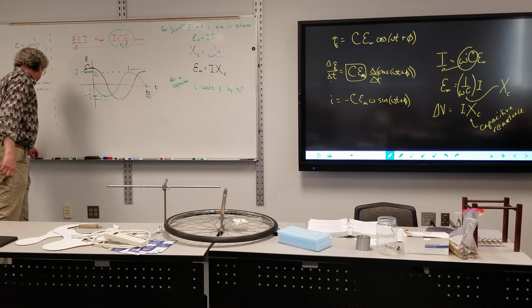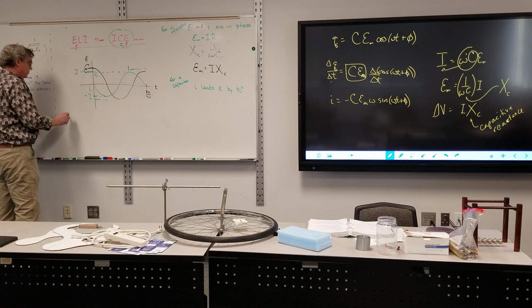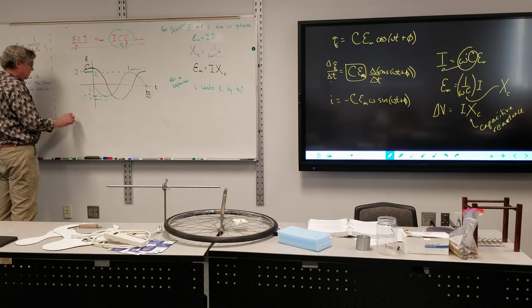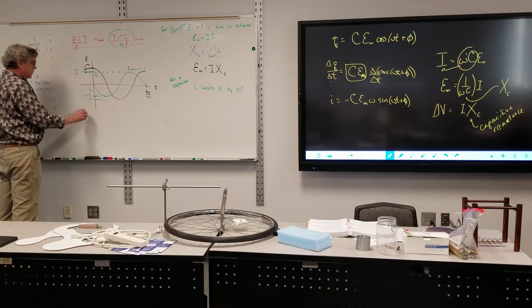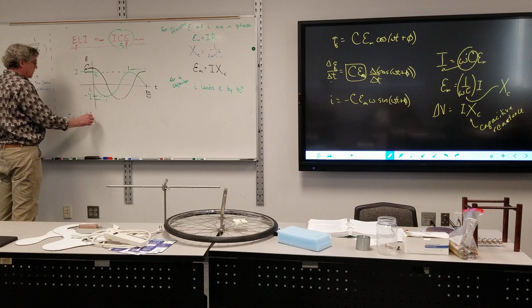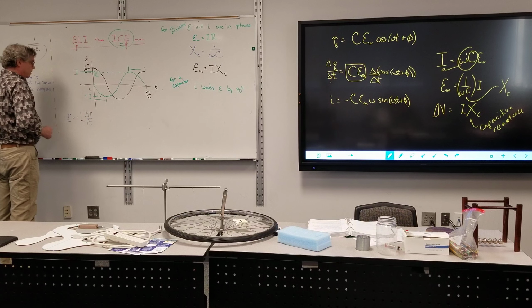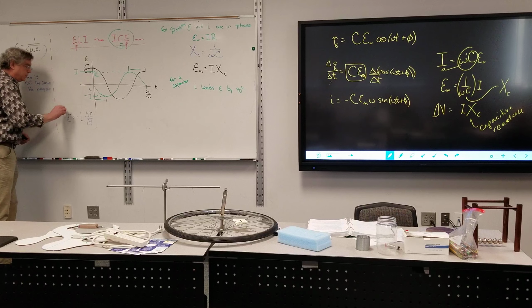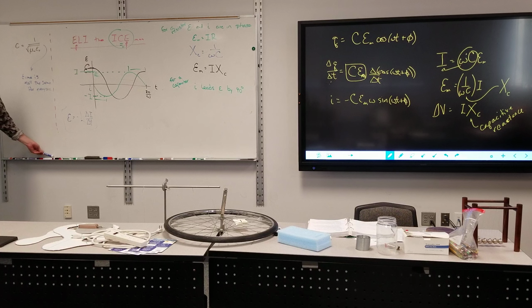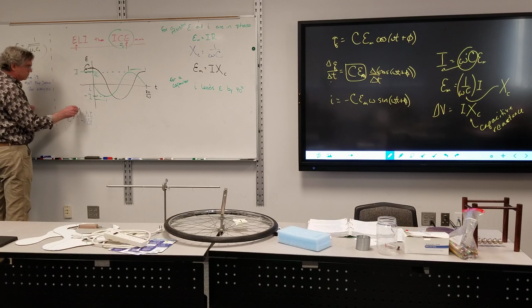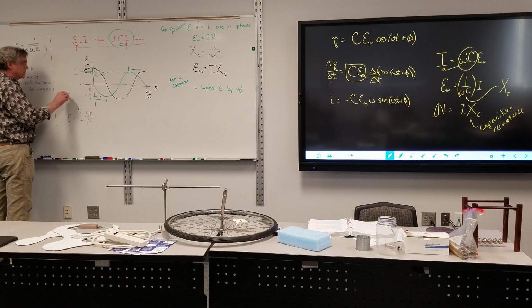All right, what does L stand for? I'll just write that over here. So you had epsilon is equal to negative L change in current over change in time. That's what we did before. Presumably I broke down what L represented. Henry, that's the units, it's for an inductor. L is inductance.